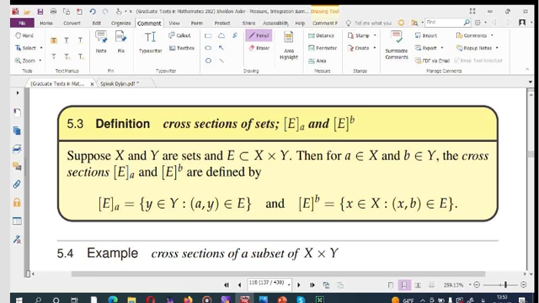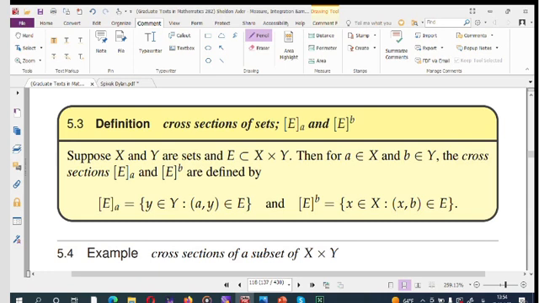And we have the definition of cross sections of sets that we denoted by these. Suppose X and Y are sets and E is a subset of this product.